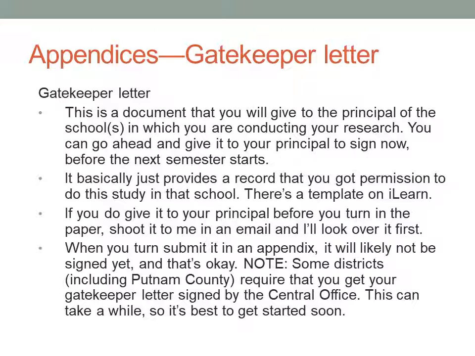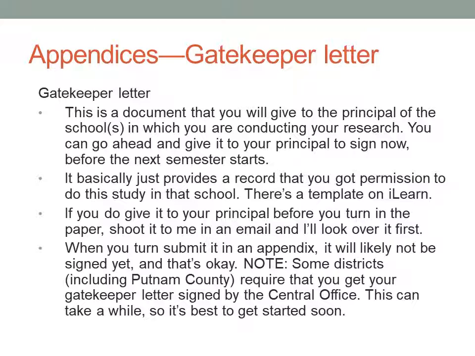Okay, so your first appendix, this would be Appendix A. This is what's called your gatekeeper letter. A gatekeeper letter is basically a statement from either central office or from the principal of your school giving you permission to do research in the school. It's a document that says, hey, I'm Tessa Bishop.